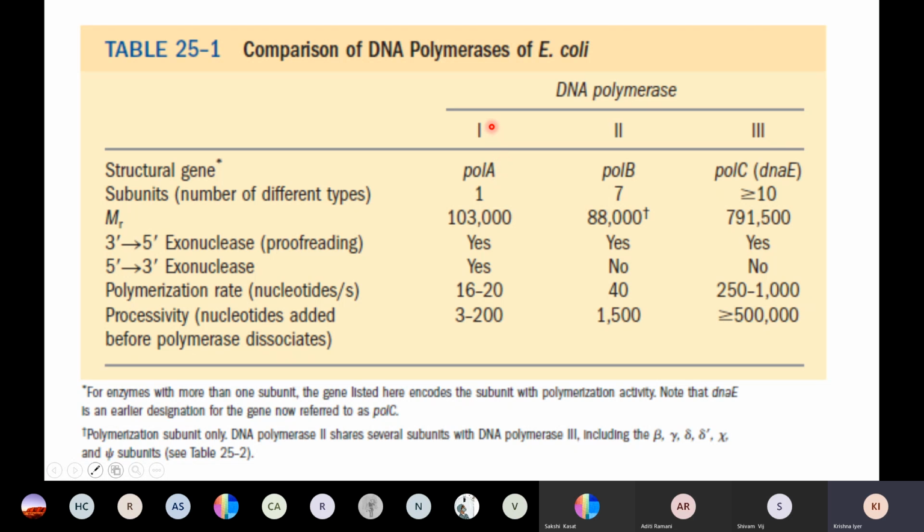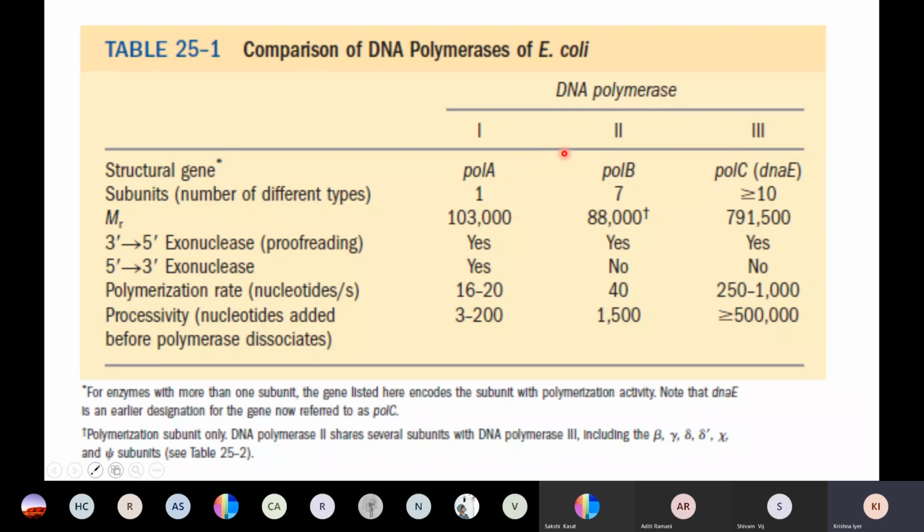DNA polymerase 1 plays a role in DNA replication, but mainly in removal of that RNA primer and replacing it with DNA. Remember when we talked about how DNA synthesis occurs, we said every time you need a small piece of RNA to start things. But at the end of the day, I don't want that RNA to be part of my DNA, and that removal is actually done by DNA polymerase 1.